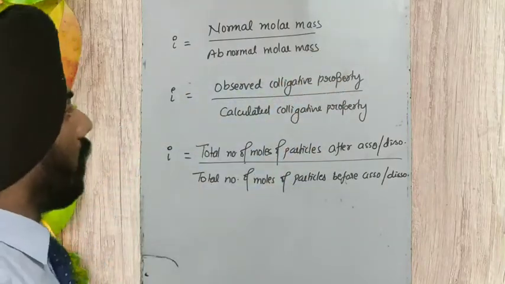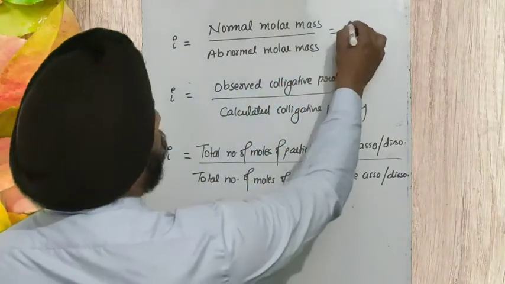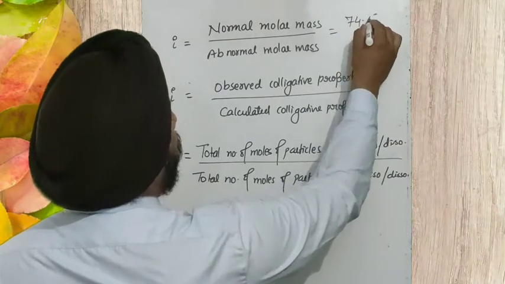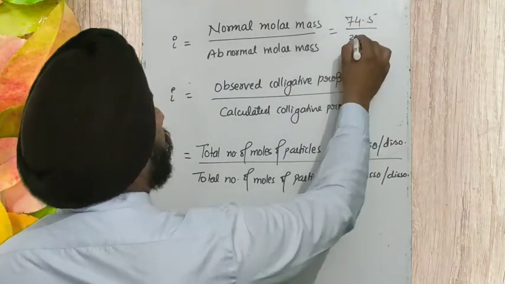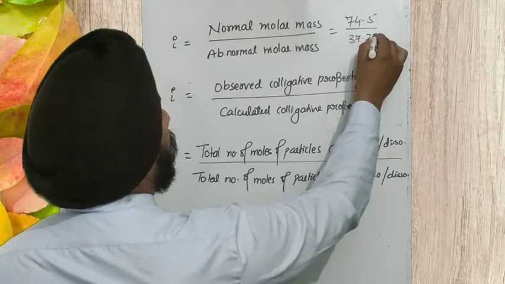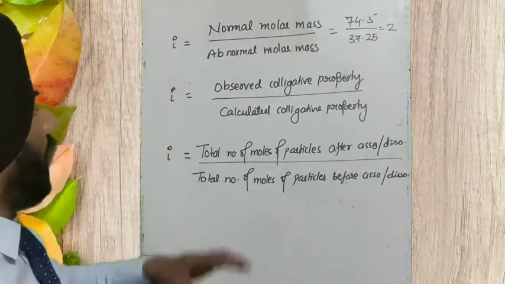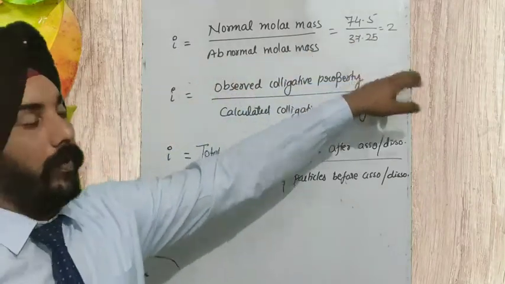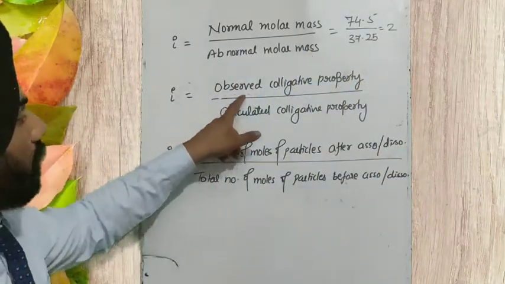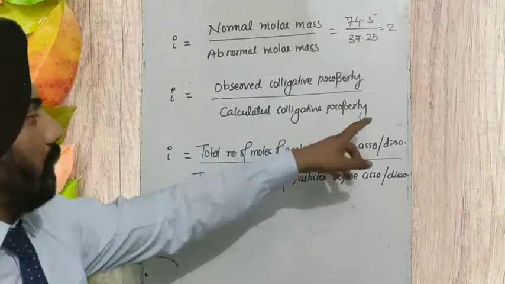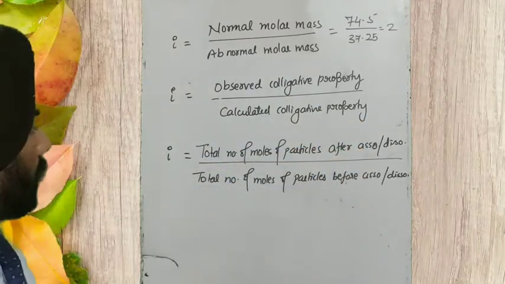Like in the case of KCl, normal molar mass was 74.5, and the abnormal molar mass that we have obtained was 37.25, so the value of i must be equal to 2. The Van't Hoff factor will be 2. It is also observed colligative property upon calculated colligative property.